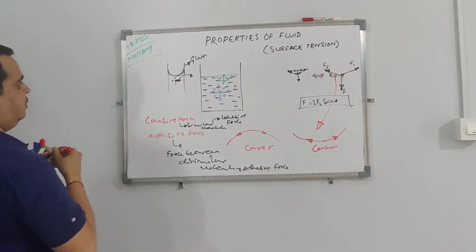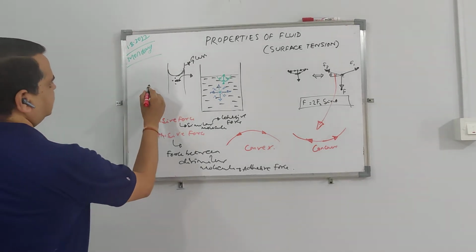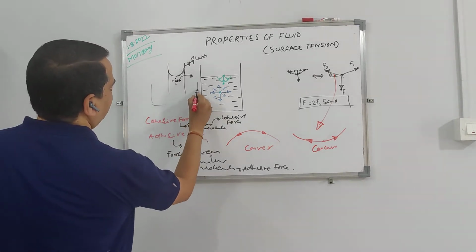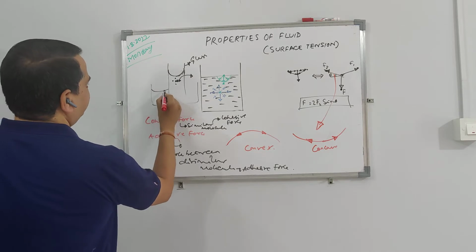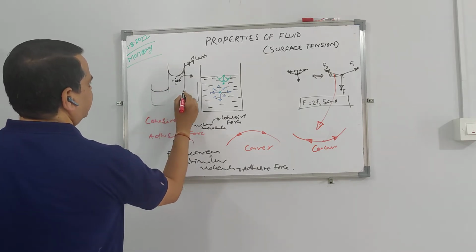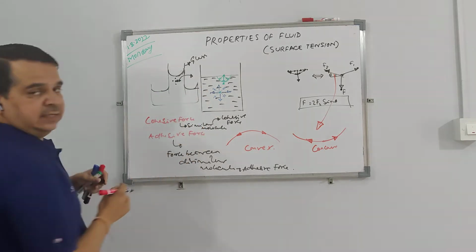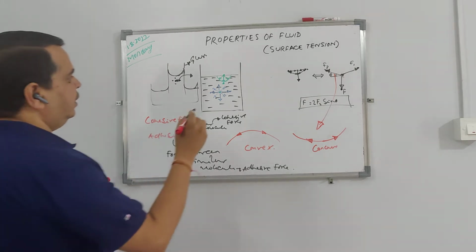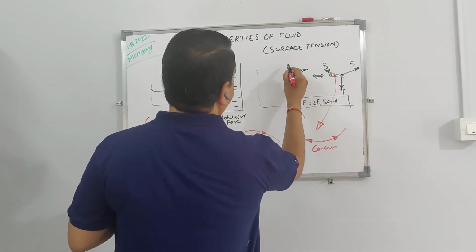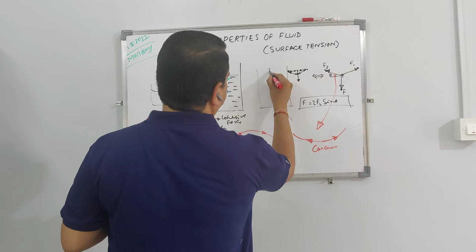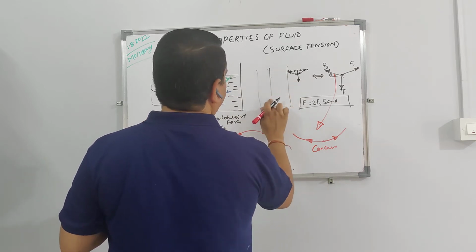So we might have, say, water inside this, and it will form a surface like this. So this is for water. But if you have mercury, instead of rising, it will go down.